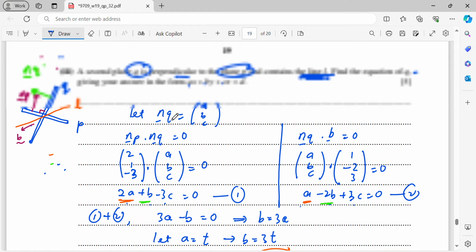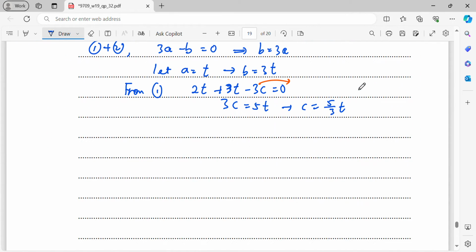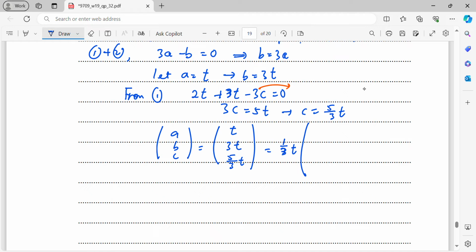And now I need to find NQ. My NQ consists of A, B, C. So I will rewrite now. I will write ABC first. ABC equals, my A is T, my B is 3T, and my C is 5 over 3 T. From here, I can factorize 1 over 3 T, because I do not prefer the fraction in the end.